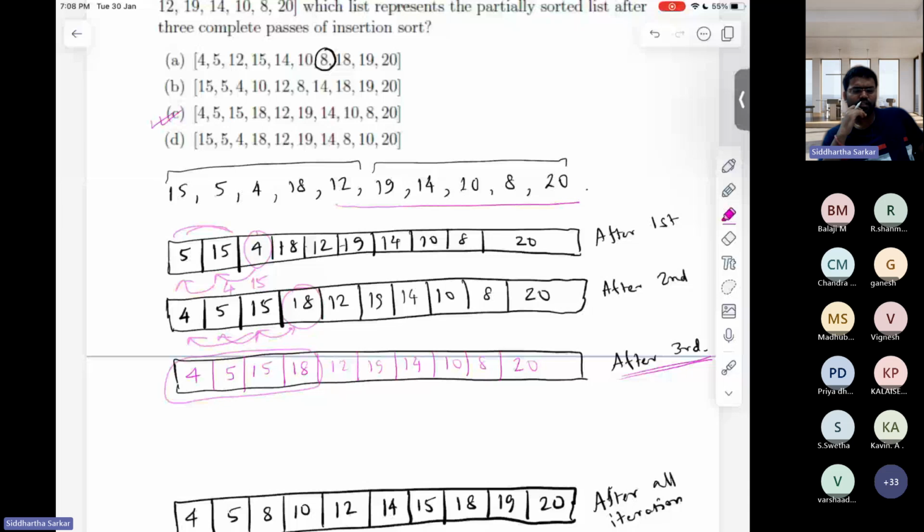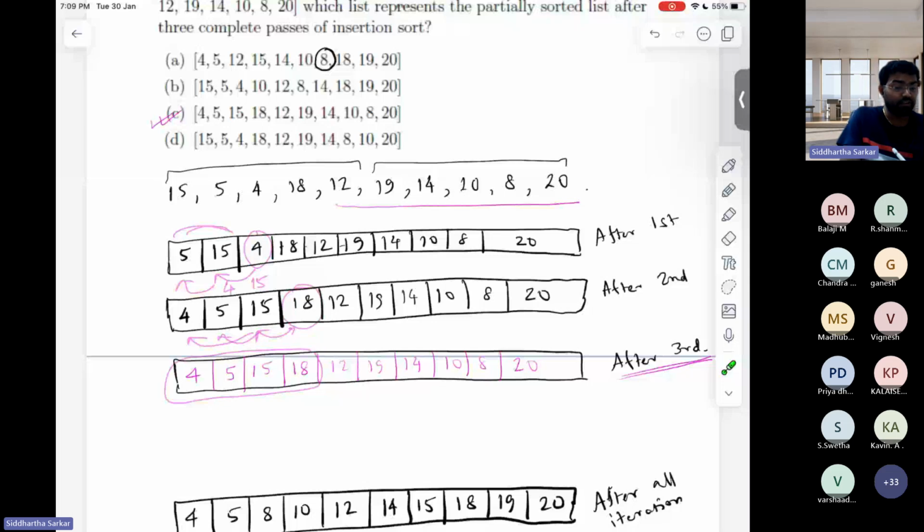So we have to look more closely into what has just happened. 18 was the element at hand. It compared itself with 15 and realizes that, look, I am bigger than 15.